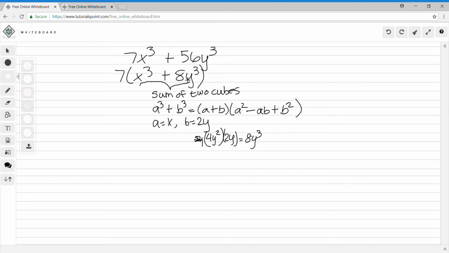So that's what we get here. And I know that a is just x because x squared is x squared, and then times it by another x is x cubed. So that's what we get here.